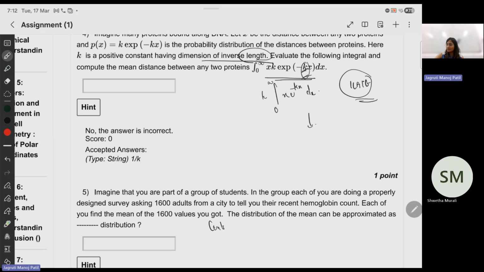It follows the central limit theorem, and that is which distribution? Normal distribution, right? It's normal distribution.